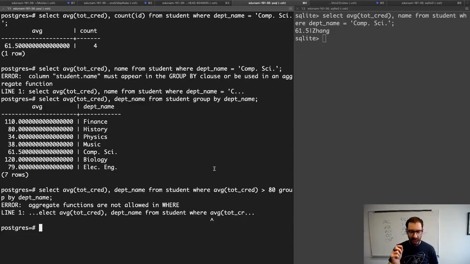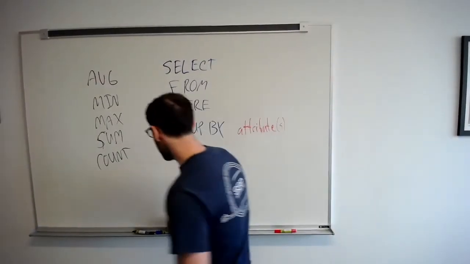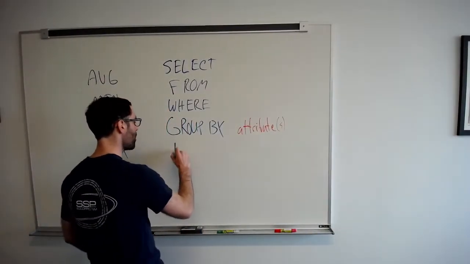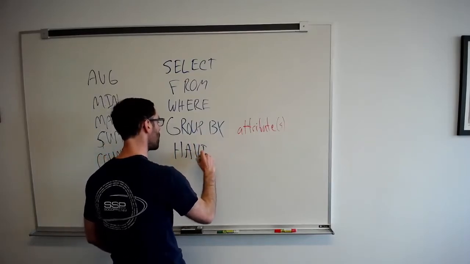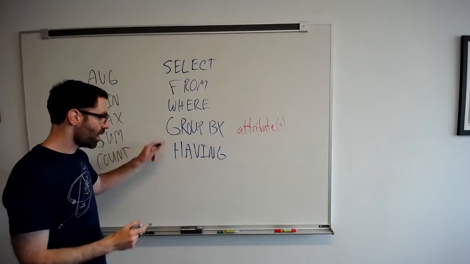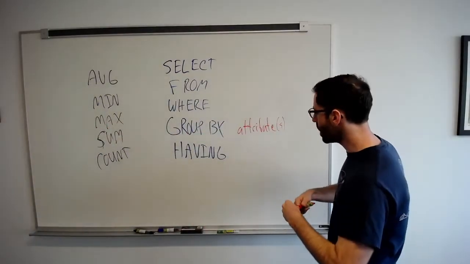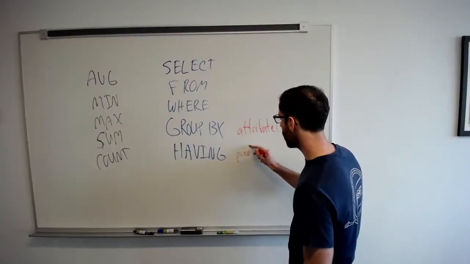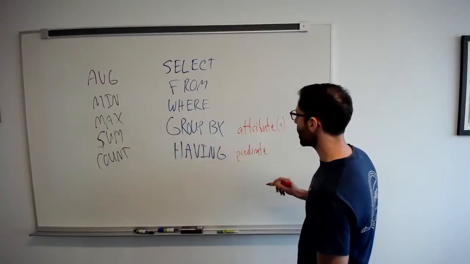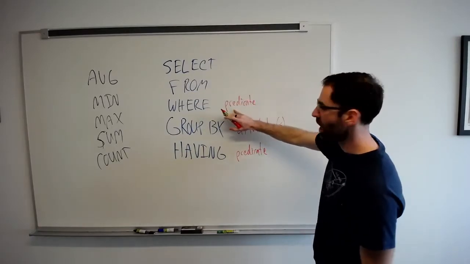But as I hinted in the previous SQL topic, what we can do is have a separate clause, having, that comes after the group by, and in having we can have our predicate, just like we have a predicate in where.